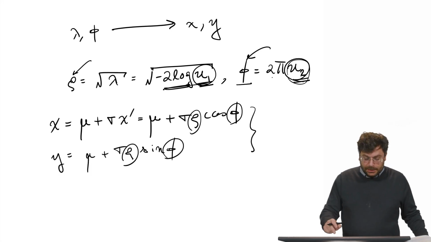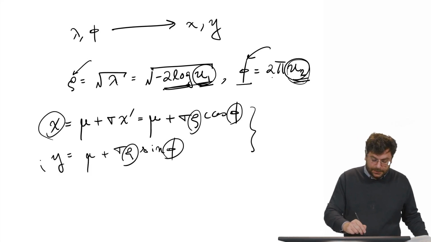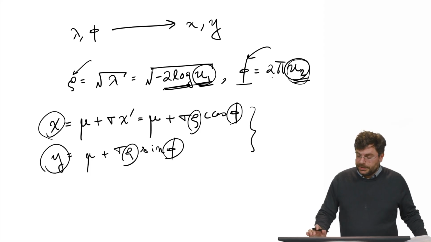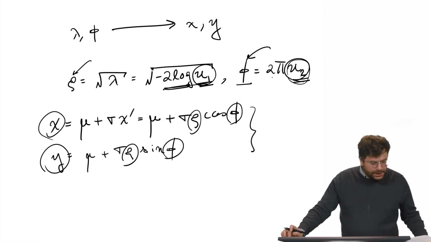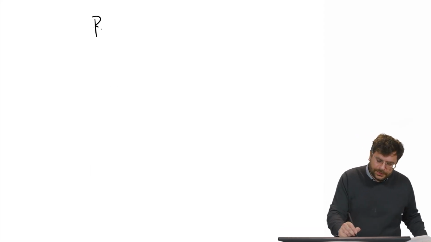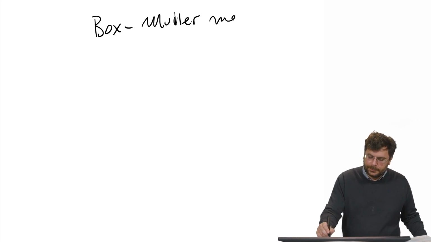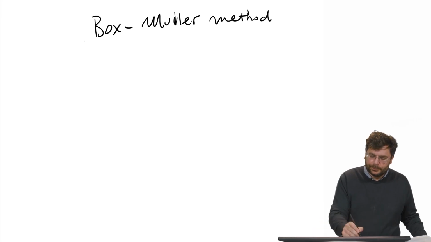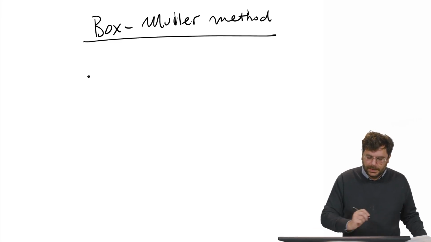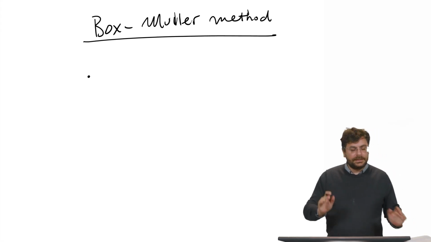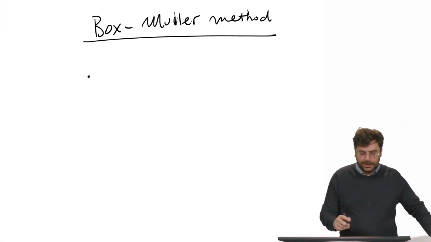And then I have calculated my random realizations for x and y. The method itself is called the Box-Mueller method. And the Box-Mueller method, again, is the method for generating random samples from a Gaussian.